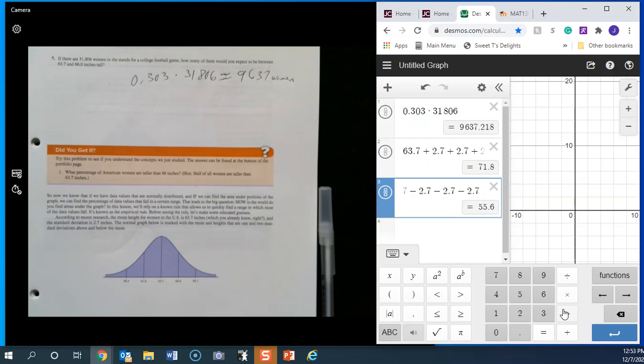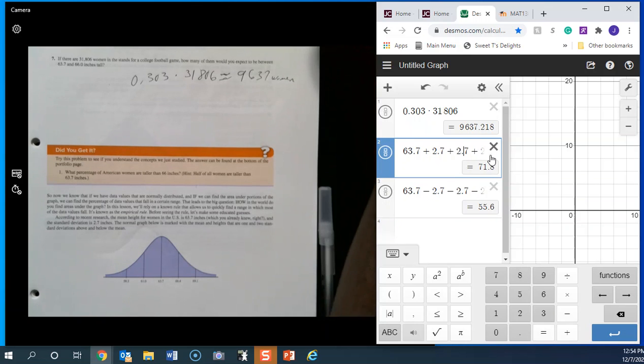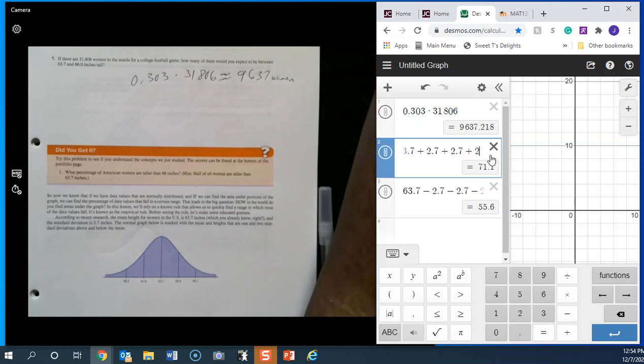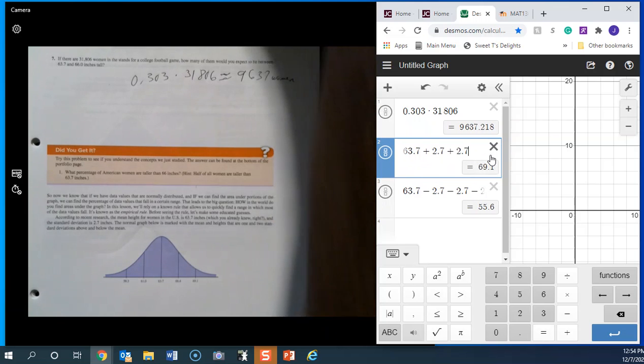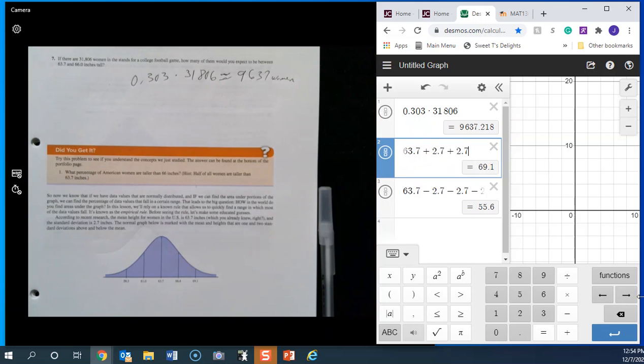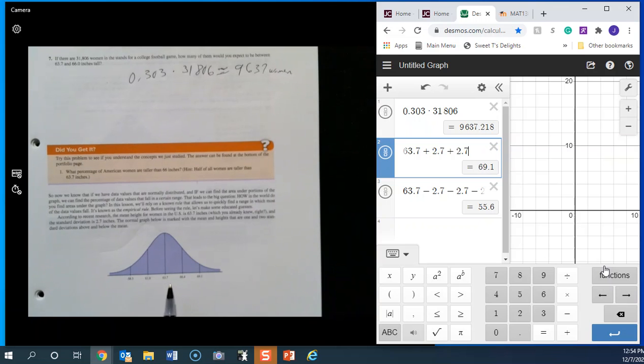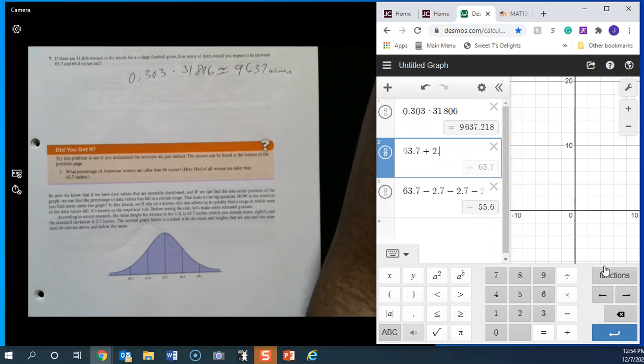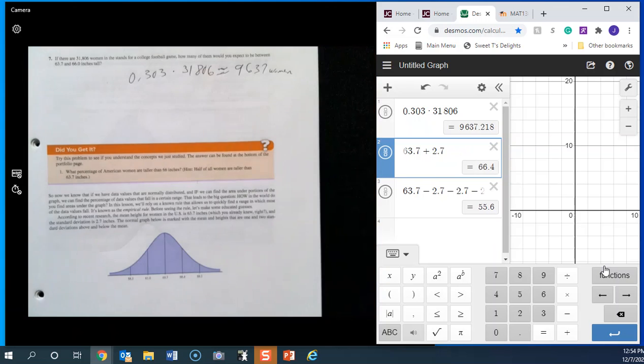Now, with that being said, as a matter of fact, let's go back up here. I want to show you something really fast. Let's just say we only went 2 standard deviations above the mean. If you look here at this graph, you have the mean. 2 standard deviations above is 69.1, and 1 standard deviation above is that 66.4.